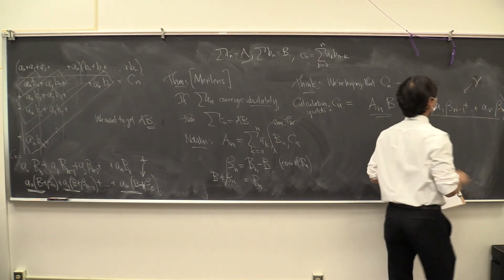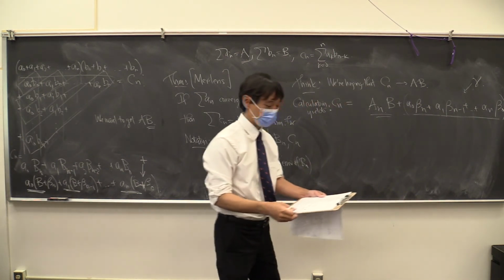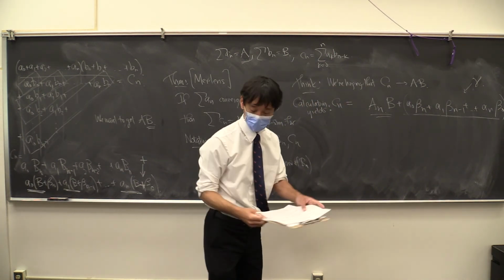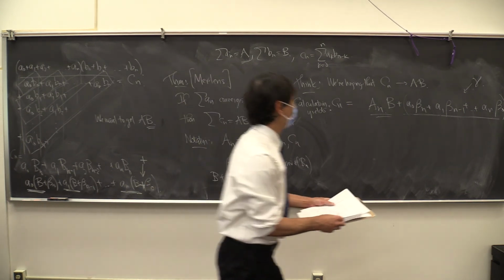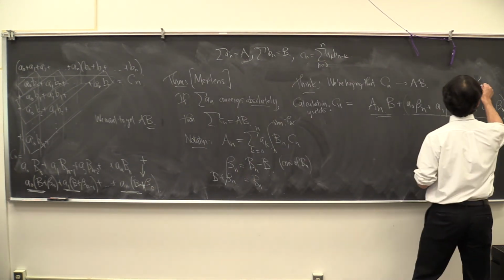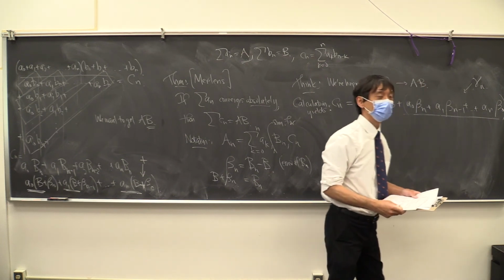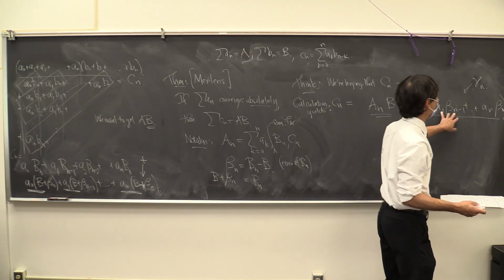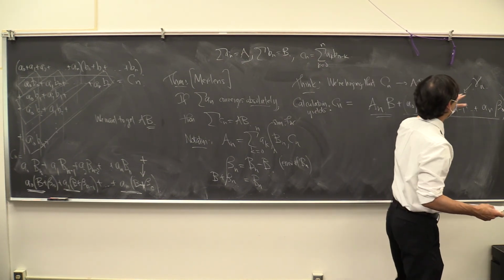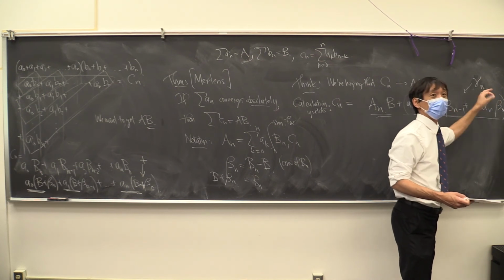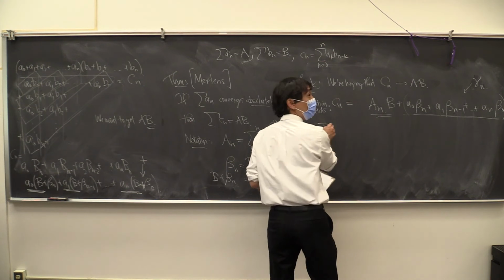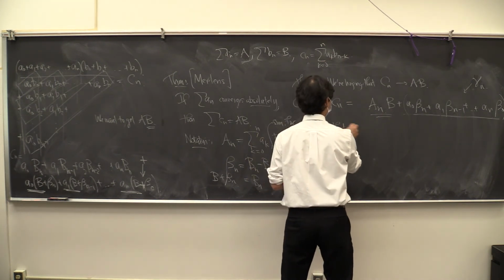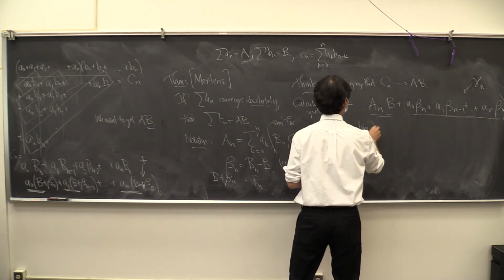Not the same gamma as before, it's just using the same letter. Gamma n, of course, because it depends on n. And we're hoping that gamma sub n converges to 0 as n goes to infinity. So it suffices to show that the limit of the gamma sub n is 0.